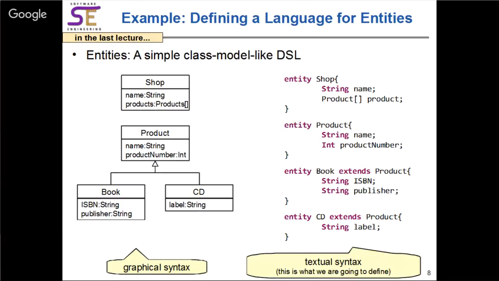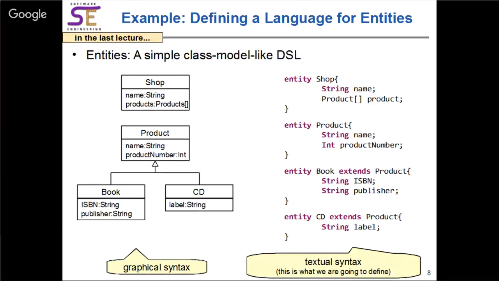And the entity should have attributes like string name and int product number. It should be possible to reference other entities from entities. So we want to say a shop contains a collection of products, for example.